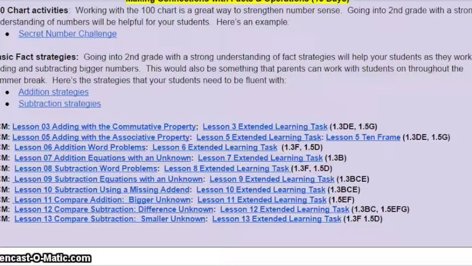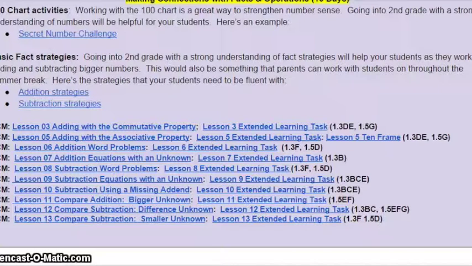TCM stands for teacher created materials, and this is a resource that has been provided in Irving, so we do have access to it. We do not have all the lessons, but we do have specific lessons that are targeting the ideas that we do want to spiral back within the 6 weeks to make sure our first graders have a great, strong foundation in order to help them become successful in second grade.